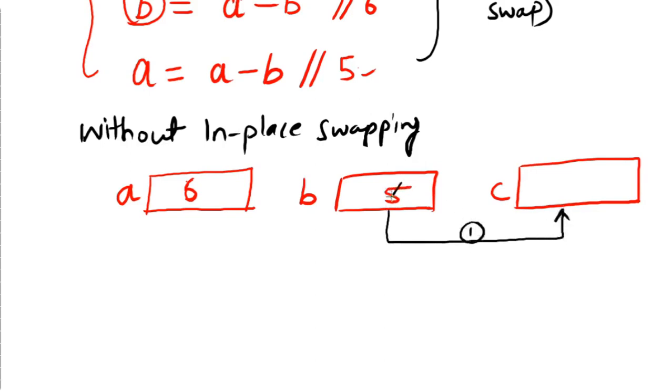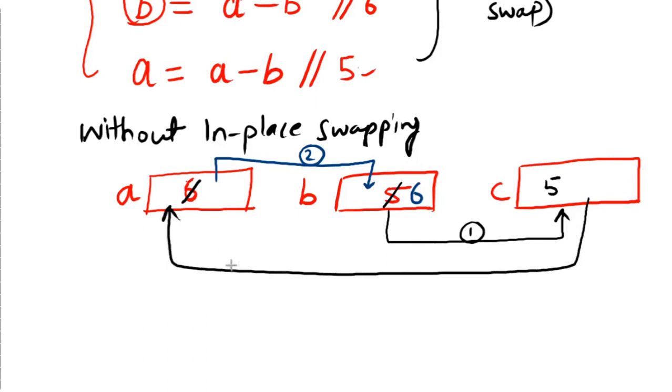Now C will have the value of 5. The second step is to move A towards the empty space, which will be B. So now B will have the value of 6. And the third and final step is to move the C value to A, resulting in A equal to 5, B equal to 6 by using additional memory. So this is not in-place swapping.